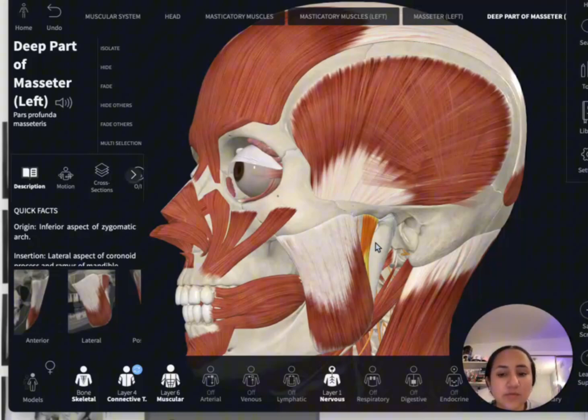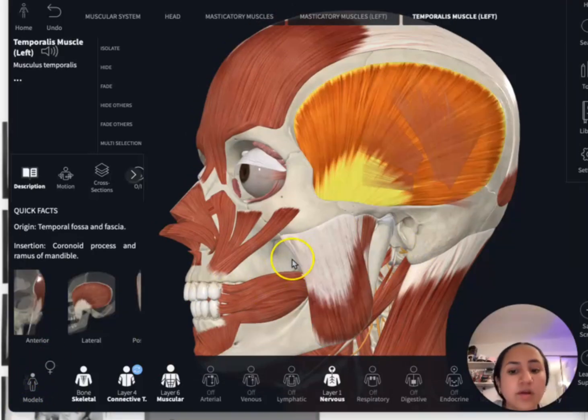The action is that it elevates the mandible, so closing our mouth, and it assists in protraction. And then here is the superficial part of the masseter. The origin is the inferior zygomatic arch. The insertion is the lateral ramus of the mandible, and the action is also to assist in elevating the mandible and assist in protraction.